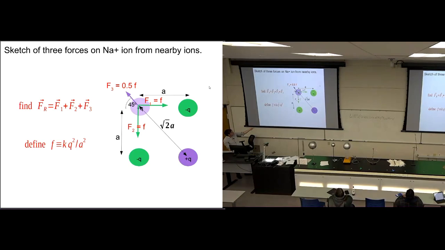There's another attractive force on the sodium ion due to the chlorine ion on the right. I've indicated it here. Again, it's an attractive force pointing towards the other charge. And then the third force is due to the sodium ion, the like charge at the opposite corner. That's going to be a repulsive force. I indicated that in magenta here because it's coming from the sodium ion.